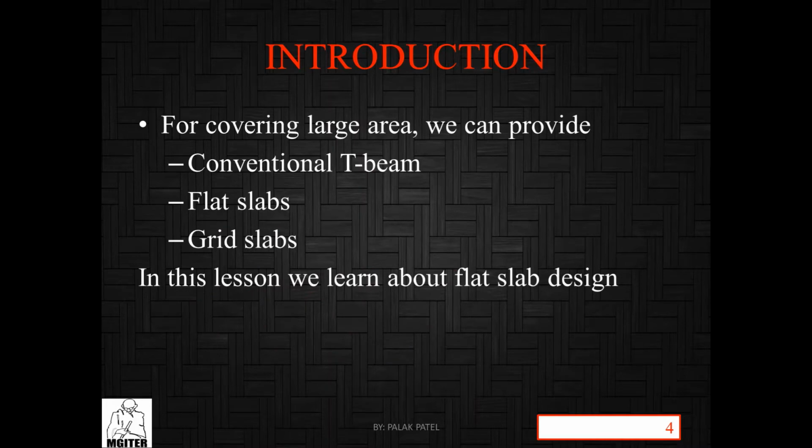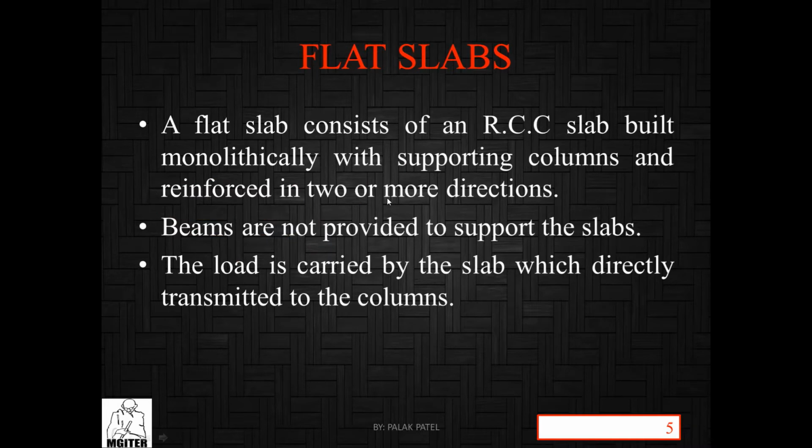Instead of a flat slab, we could provide a conventional two-way beam slab or a grid slab, but we can also provide a flat slab. So we are going to learn flat slab design, right? So what is a flat slab? A flat slab is an RCC slab built monolithically with supporting columns and reinforced in two or more directions.